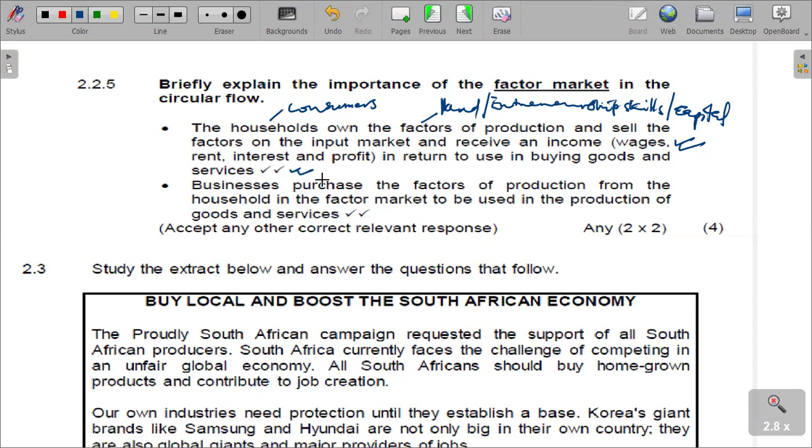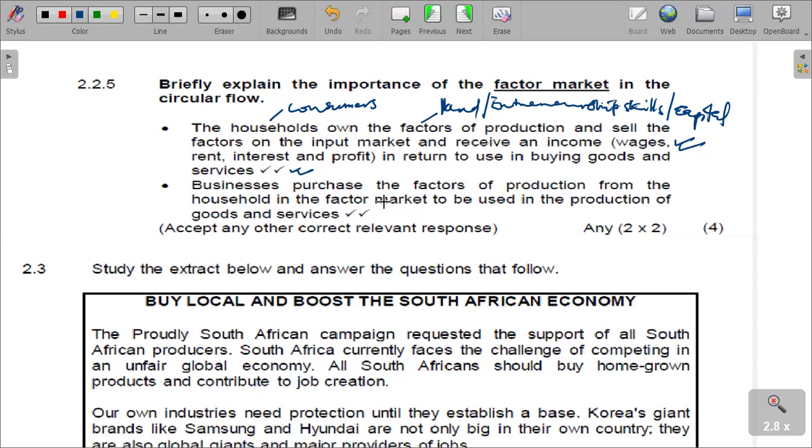And then businesses purchase the factors of production from the households. Businesses cannot survive without them. They need factors of production from the households in the factor market to be used in the production of goods and services. So there is an exchange of factors of production between the consumers, the households, and the businesses.